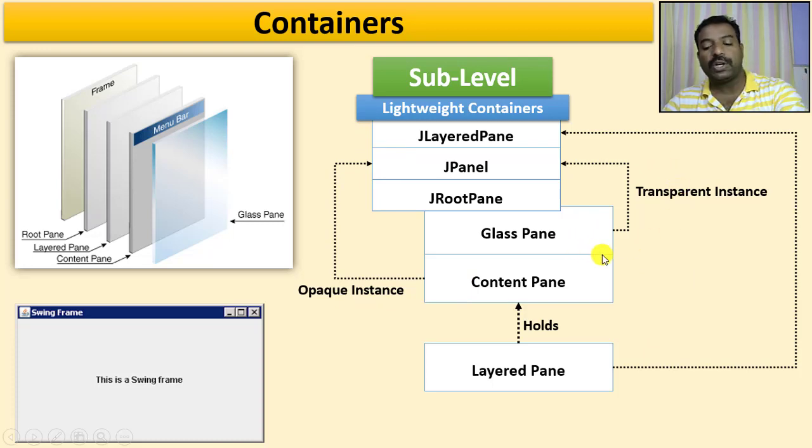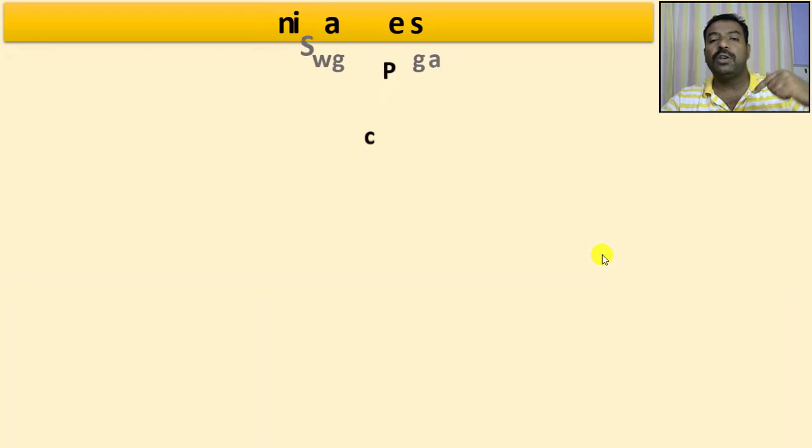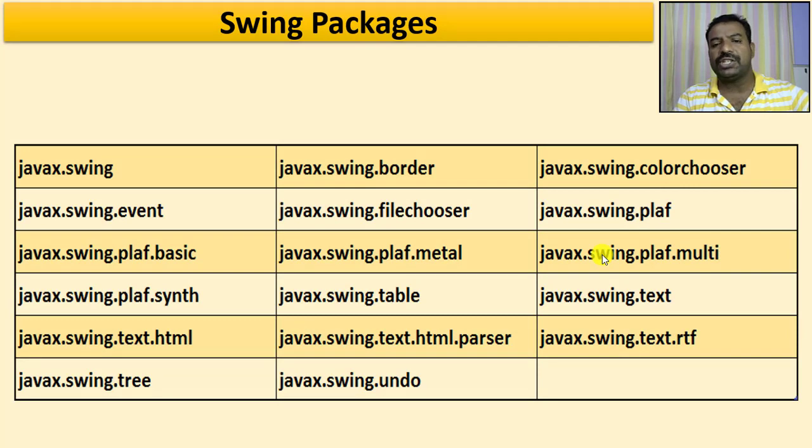This is what you need to understand whenever you are going to build a Swing application. And whenever you want to have any Swing application in your program, just remember these particular packages. Depending upon what component you require in your application, I am going to choose the appropriate package, and these are the set of packages which are available.